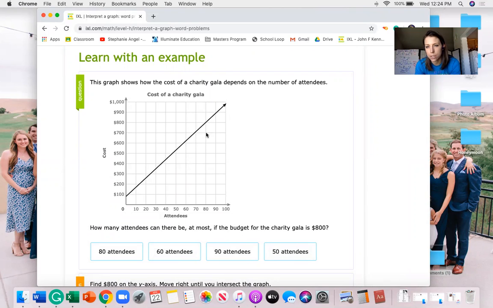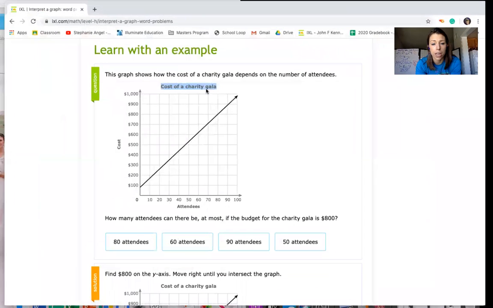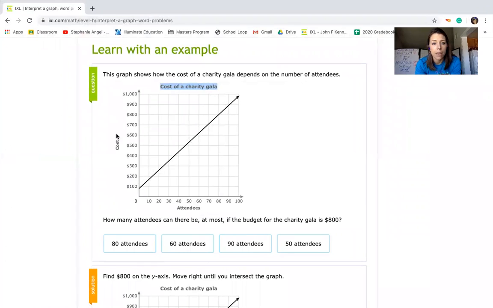A charity gala is usually like a party that you'll throw, obviously to raise money for some type of charity. And then attendees usually just means people who attend. So if you look, the title of the graph is right there, cost of the charity gala. The cost is the y-axis, so the vertical axis, and the number of people attending is the x-axis.